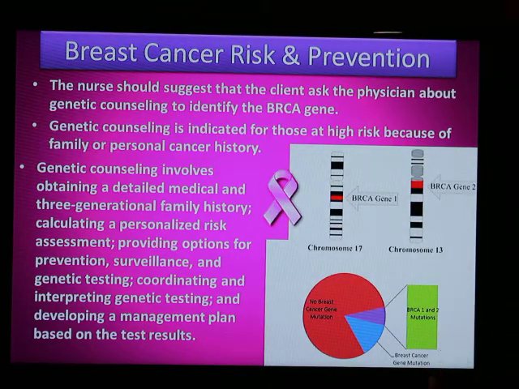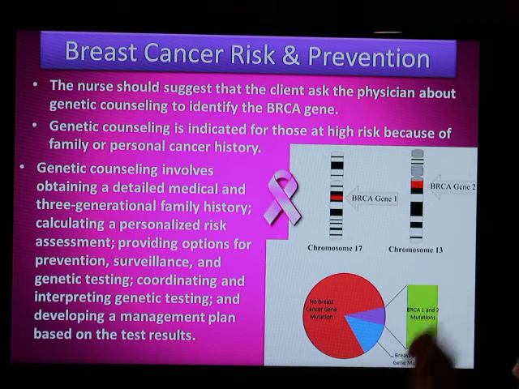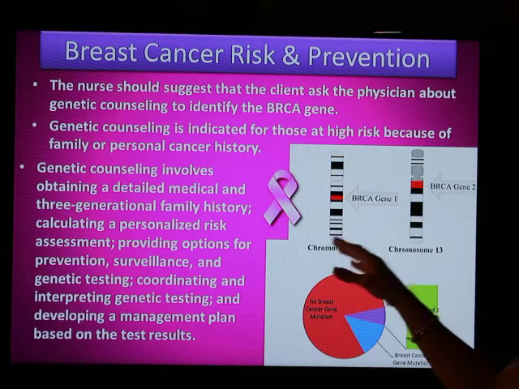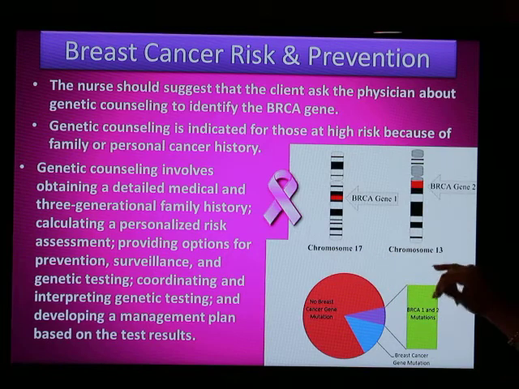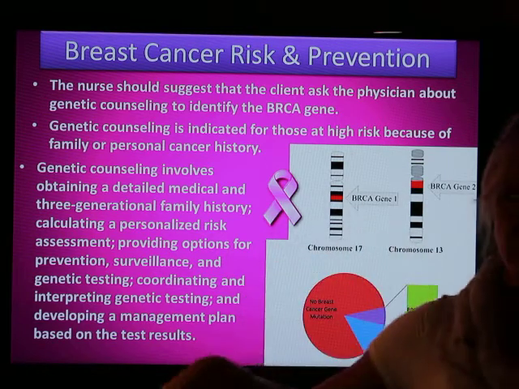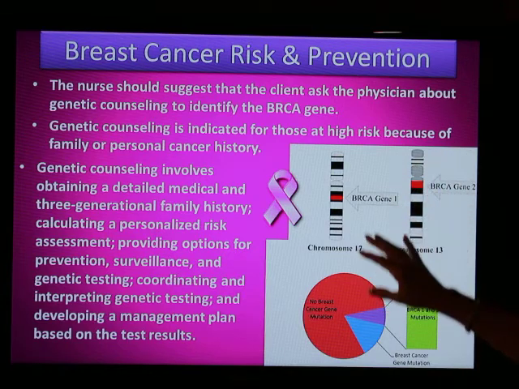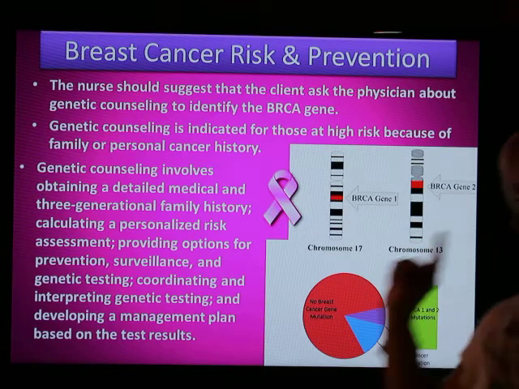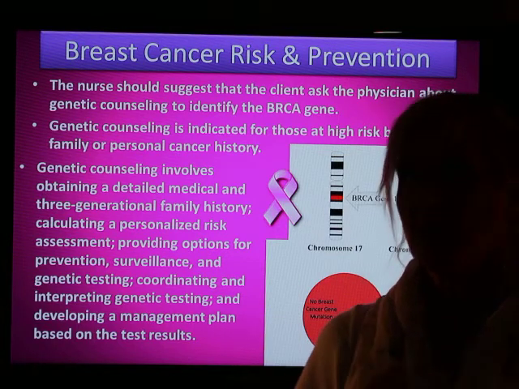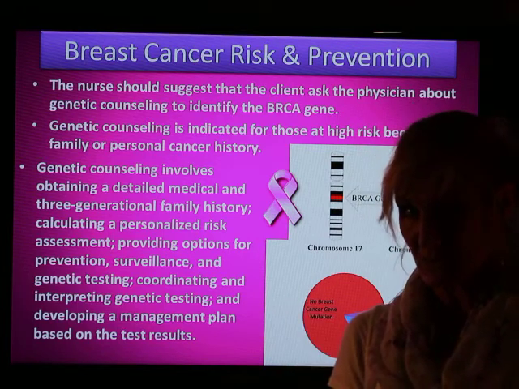However, sometimes there can be a genetic component. It's called the BRCA gene, and it runs on chromosome 17 or chromosome 13. You don't need to know that part. You just need to know that there is a genetic component called the BRCA gene, gene 1 or gene 2. These genetic mutations predispose women for breast cancer, and it predisposes them earlier in life.